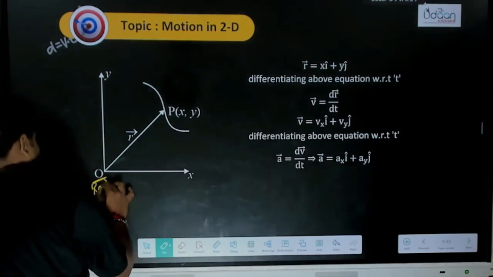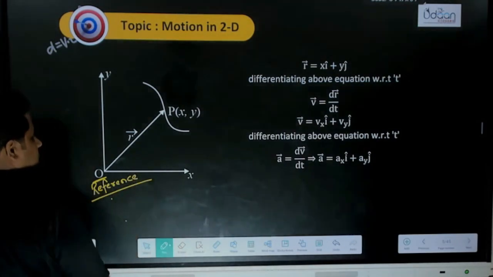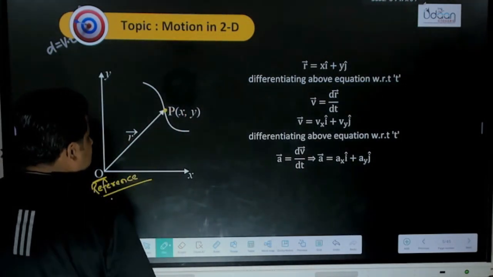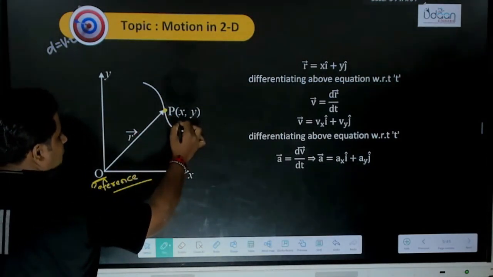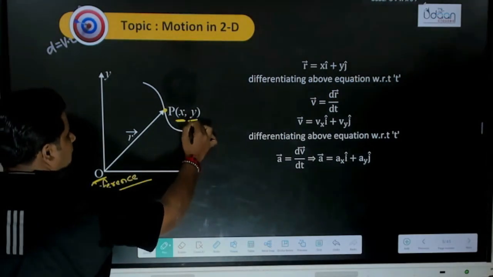This is the reference point from where the person is observed, and the person is standing somewhere here. So definitely this person has an x coordinate as x and a y coordinate as y.